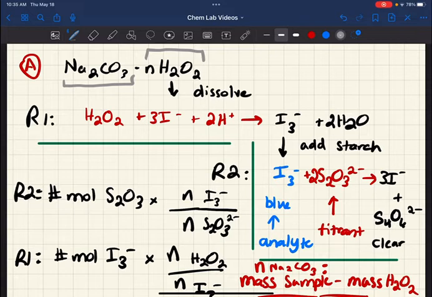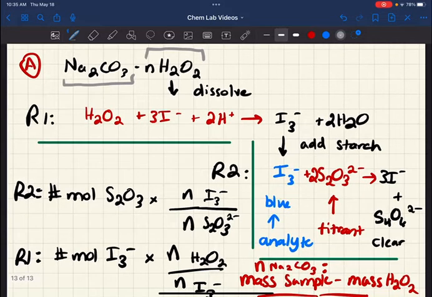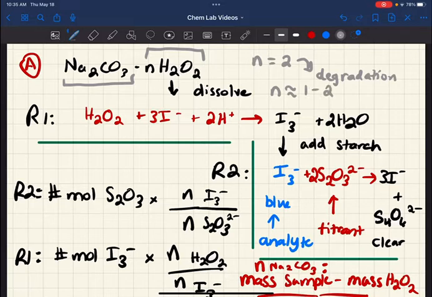And when this is initially formulated in the manufacturing facility, they will make the ratio of molecules of hydrogen peroxide to sodium carbonate usually start out as 2, but degradation over time leads to your N being somewhere between 1 and 2, typically.